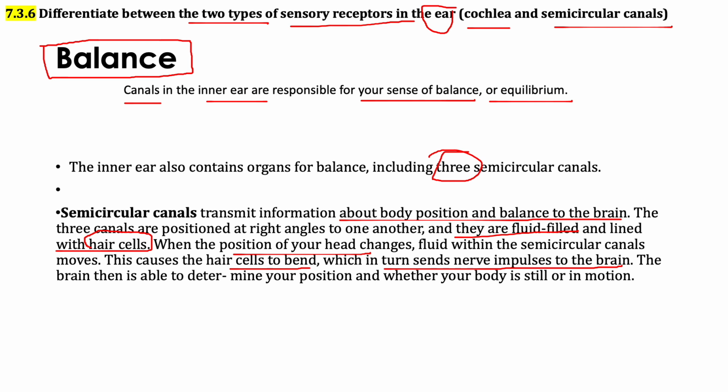The brain is a very important organ, the control center, so it directly tells your mind your position. Whether your body is still or in motion, it helps you to maintain your balance. So just quickly, the semicircular canals help you to maintain balance. They are fluid filled and have tiny hairs within them to maintain body balance.